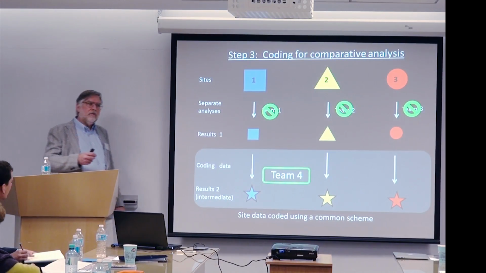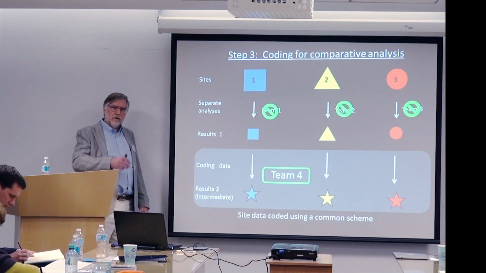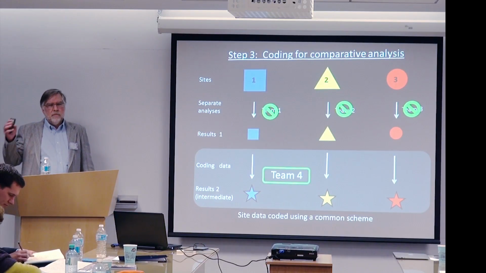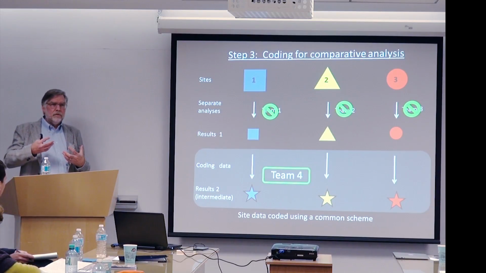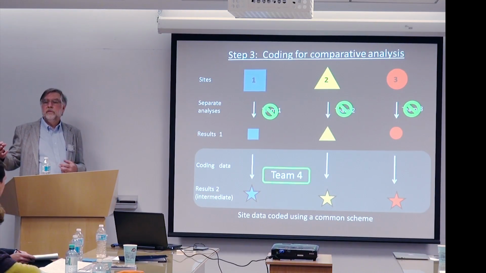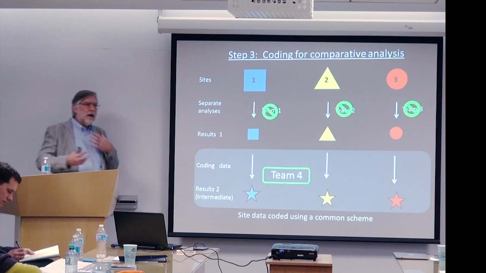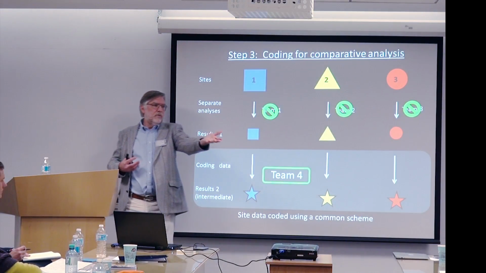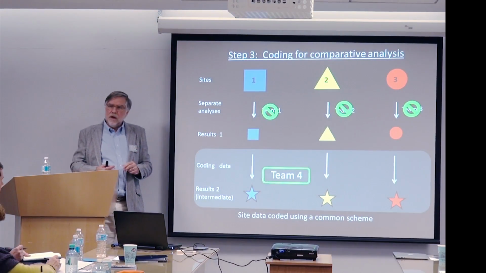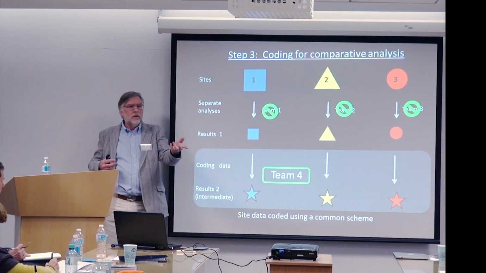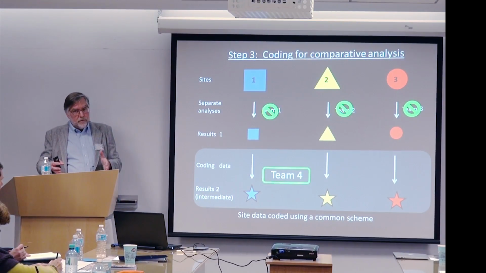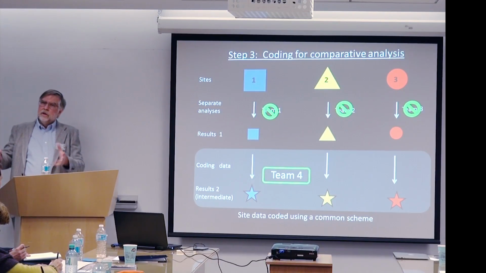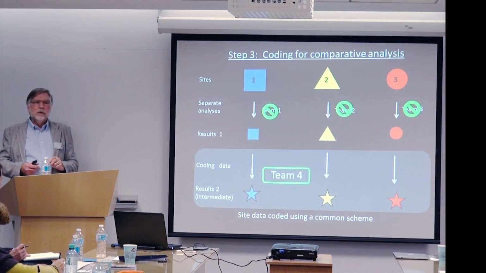You can't have the Gournia experts coding Gournia and the Malia experts coding Malia; you have to have a single person or team coding all of these things. Because my definition of open space may be a little bit different from your definition of open space, and so I may measure open space differently than you will. If you're going to really do comparative analysis, someone has to say, here's a definition of open space. Make it very clear and explicit, and then you can measure things the same way.